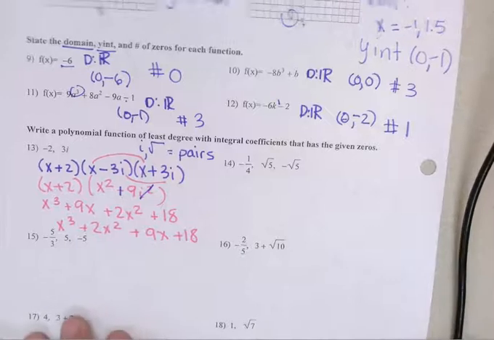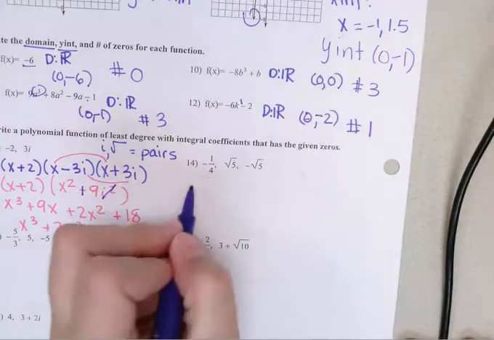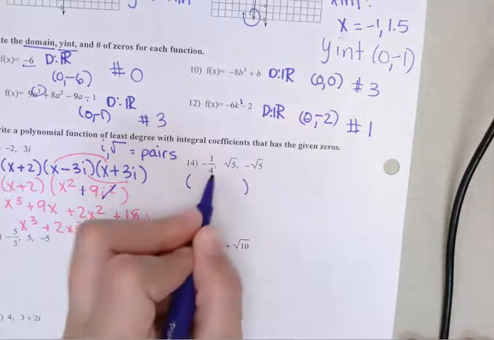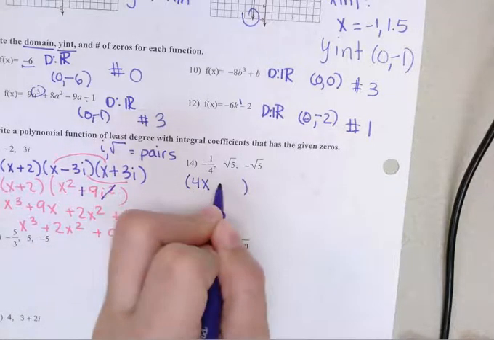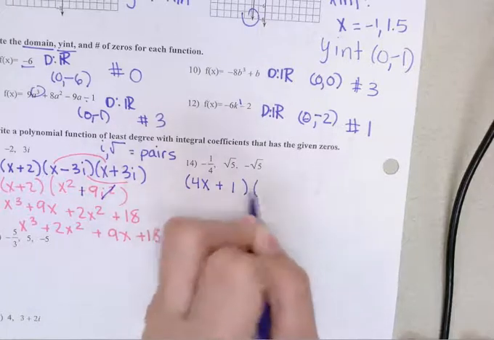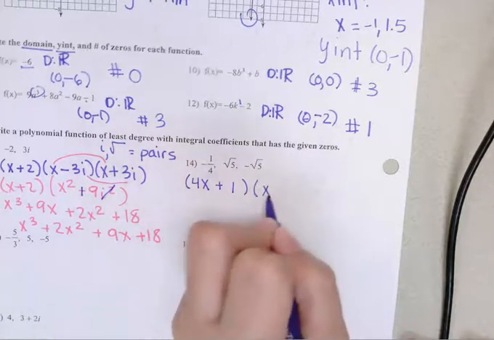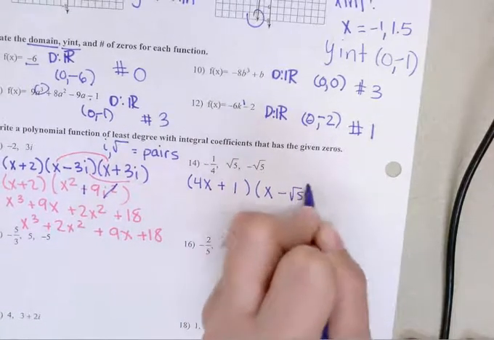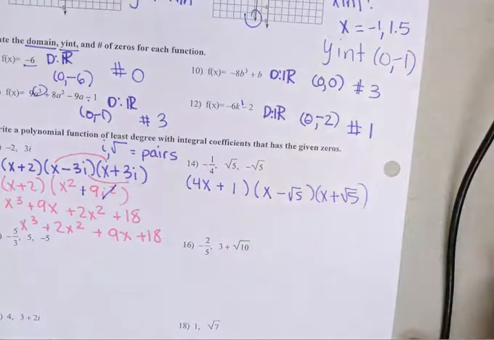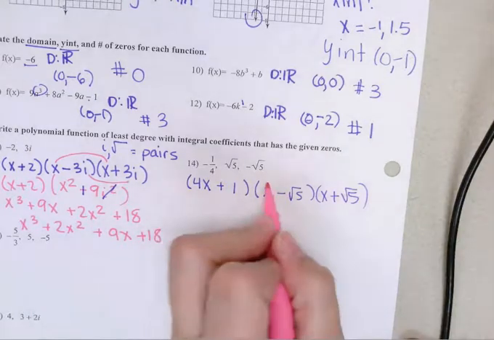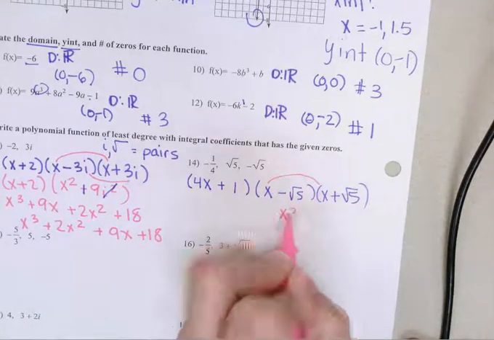Okay, number 14. Remember, with these, it's bottoms up and change the sign. So 4x plus 1. And they've already written both of your radicals for this one. So negative root 5 and positive root 5. Again, these two are conjugates, so shortcut x times x.